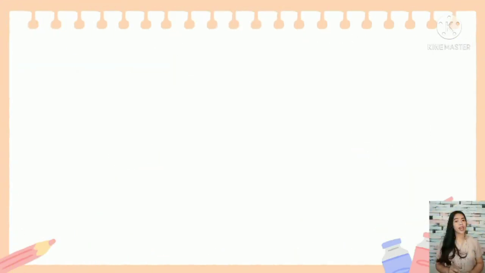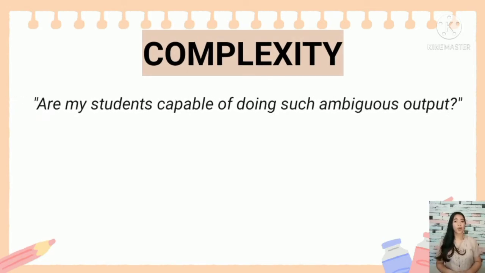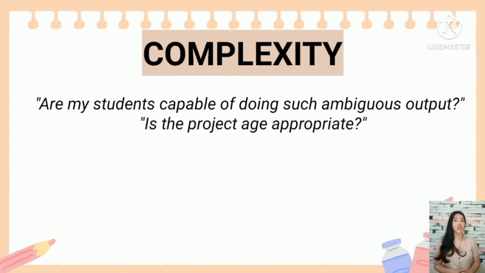The number 1 thing to consider in task designing is complexity. And it has 2 questions. The number 1 question is, are my students capable of doing such ambiguous output? And number 2, is the product age appropriate?